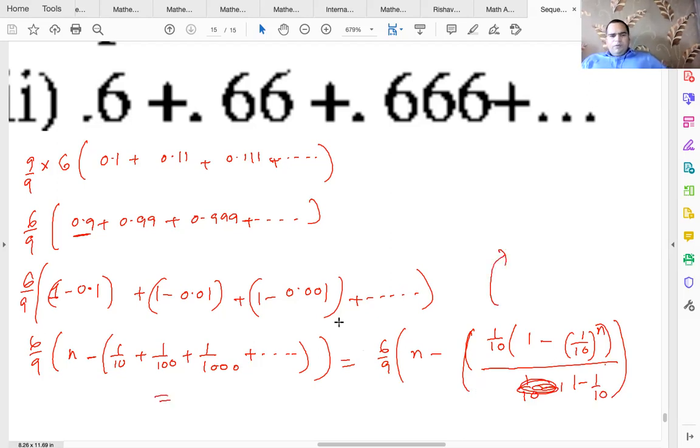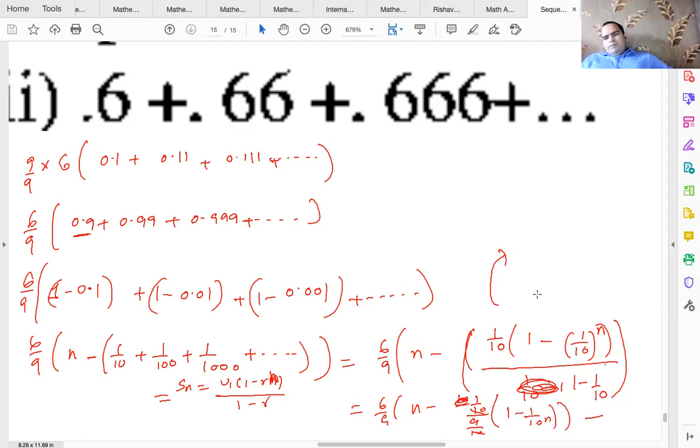Here I applied the formula for the sum: Sn is u1 times 1 minus r to the power n over 1 minus r. Simplifying, 6 over 9 times n minus 1 over 10, and this is 9 over 10. So it will be 1 over 10 divided by 9 over 10. The 10 and 10 get cancelled, so you get 1 over 9 outside the bracket, and it'll be 1 minus 1 over 10 to the power n.